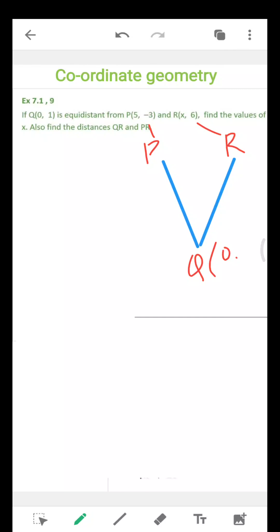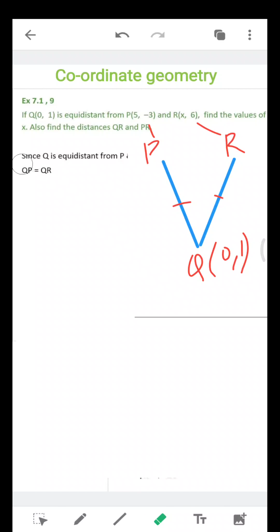So according to the previous concept, what can we say in this? I can say that distance PQ is equal to RQ. So when P and R are equidistant from Q, distance PQ is equal to QR.